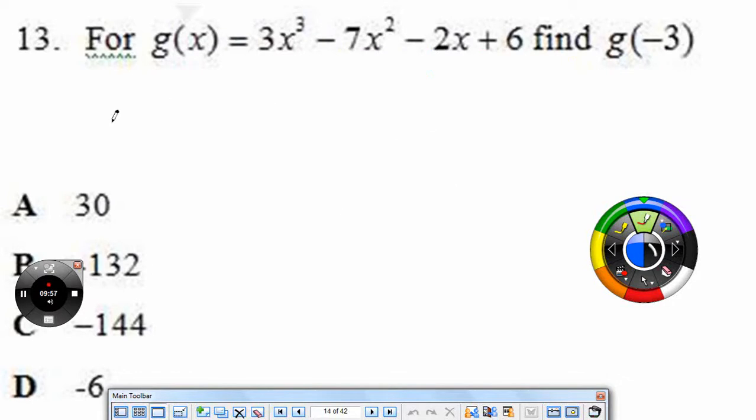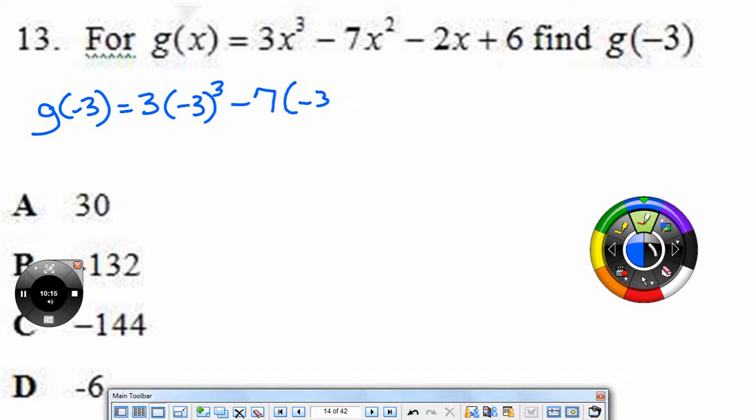Okay, for this one, I'm going to show all the work here. We have to plug in; the notation is g of negative 3, which shows that you're taking a negative 3 and plugging it in for all of the x's. So 3 times negative 3 cubed, minus 7 times negative 3 squared, minus 2 times negative 3, plus 6. For this one you have to do exponents first.